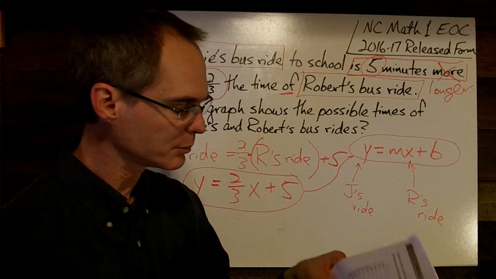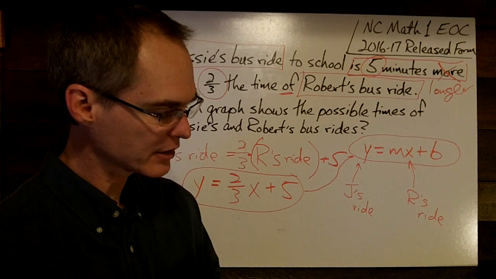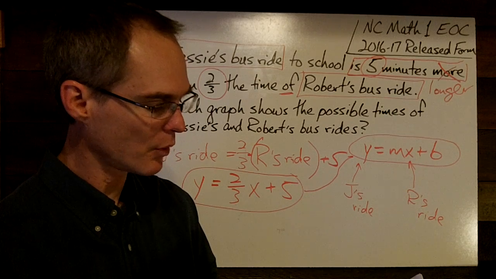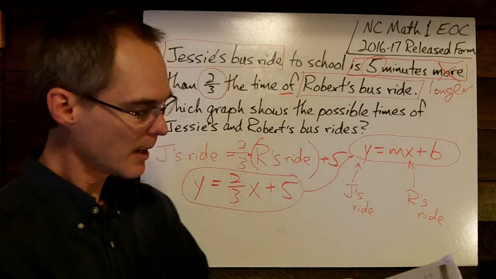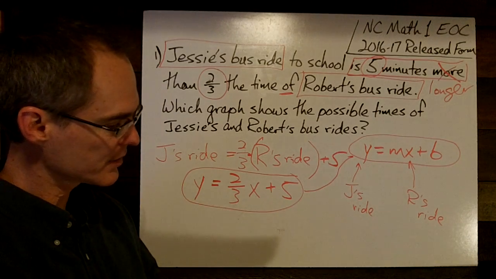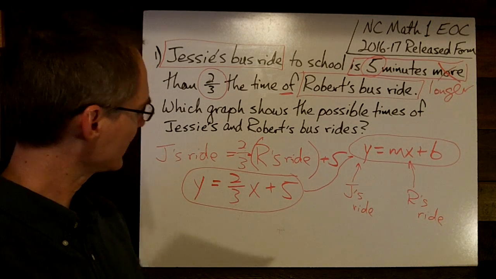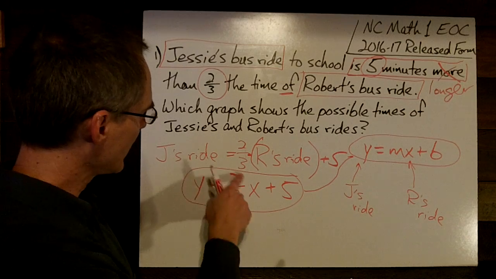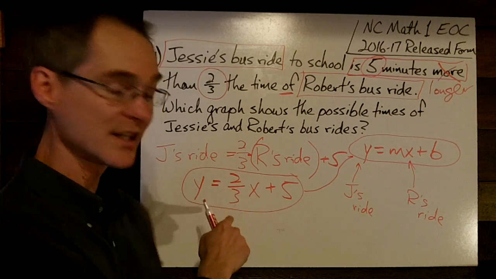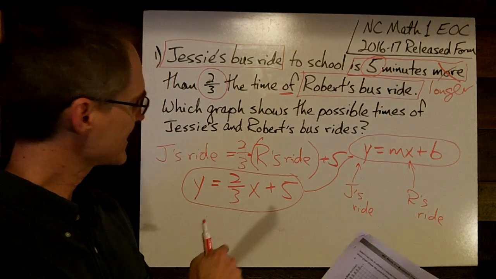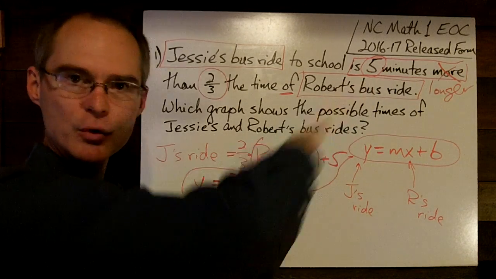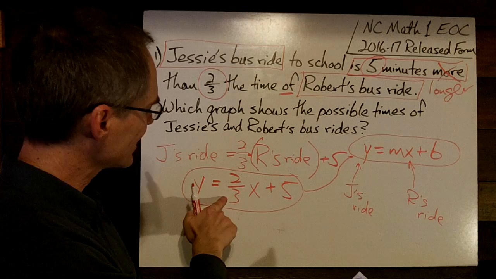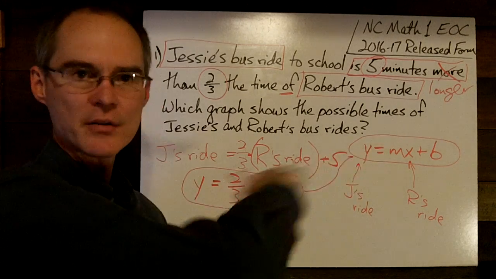Does one of those graphs, B or C, have a slope of 2/3? Well, I could probably calculate the slope using some points on each of the graphs and plug them into the slope formula, but I might do that more quickly, since 2/3 is a slope that's less than 1, and since I know a line with a slope of 1 is an exact 45-degree angle, then a slope that's less than 1 must be flatter than that.